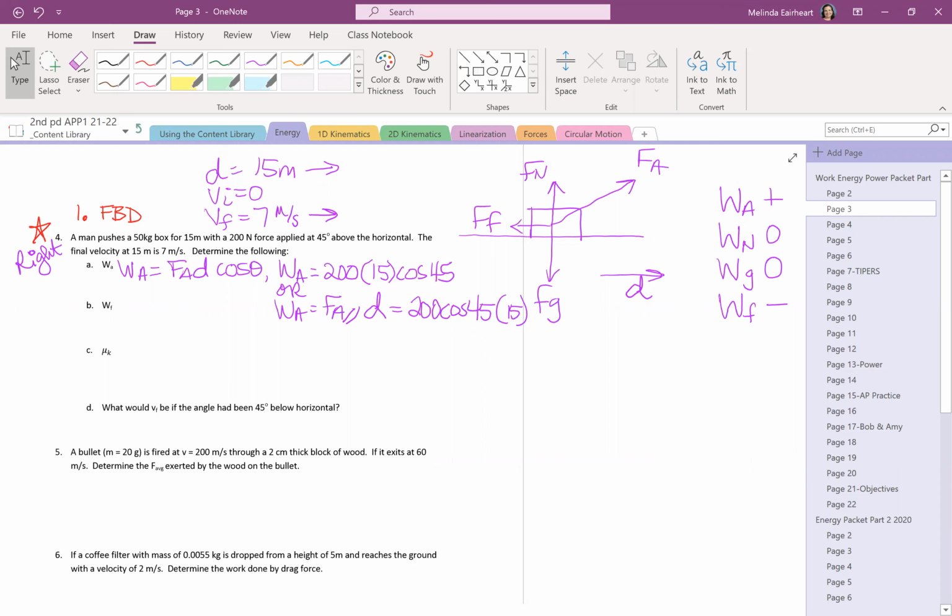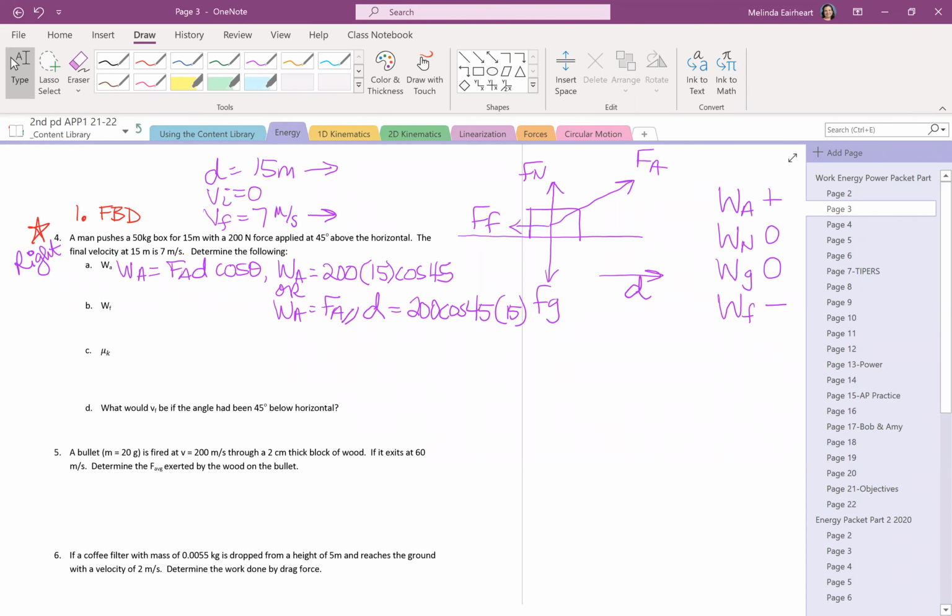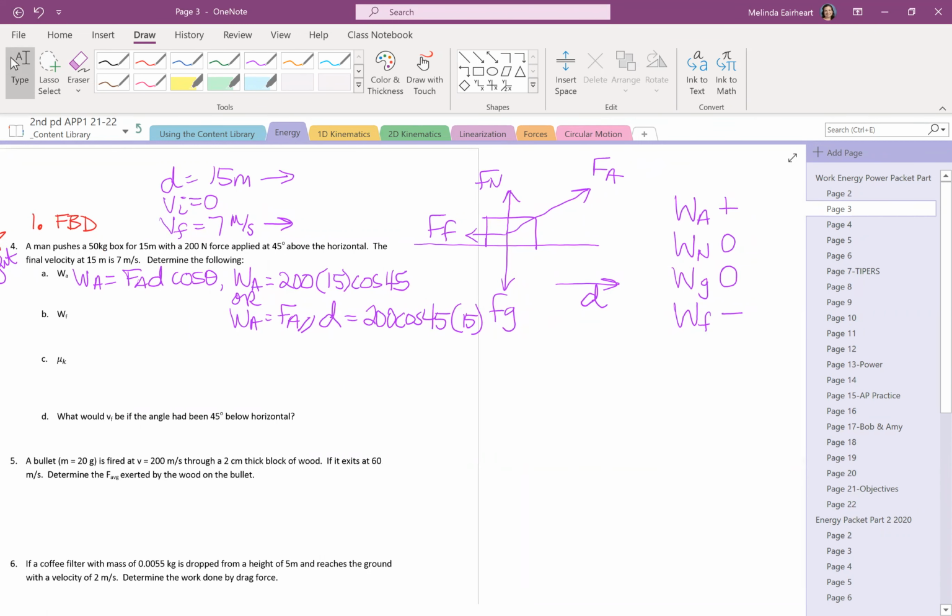And then I identified who's doing work and who's not. You don't usually draw a work diagram, but you take the forces in your diagram and ask, who's doing work? Why are normal and gravity not doing any work? They're in the vertical, but it's moving in the horizontal. So conceptually, those are not parallel. They are perpendicular forces to parallel motion, so 0, 0 for normal and gravity. Applied, I made positive.